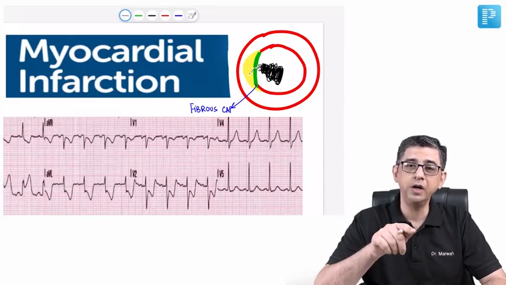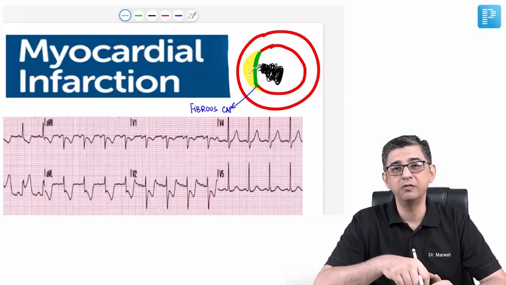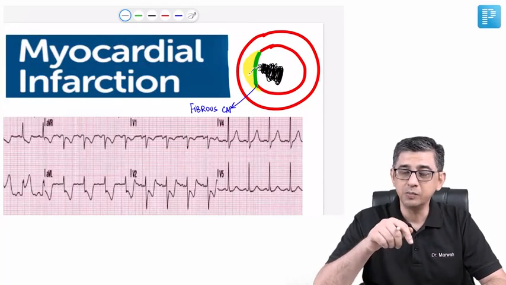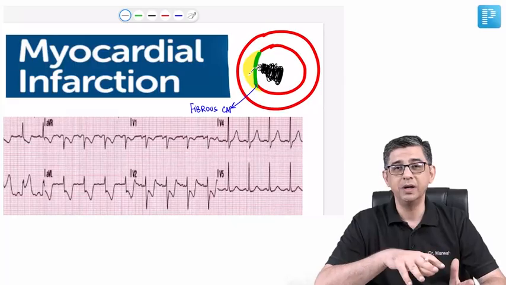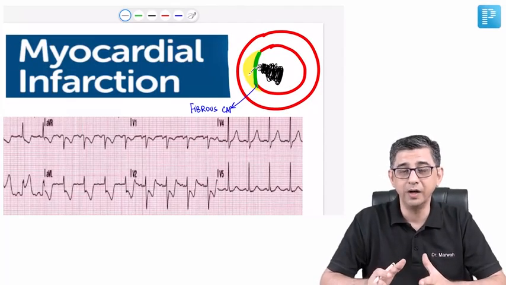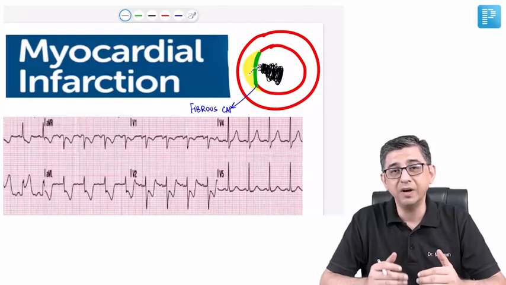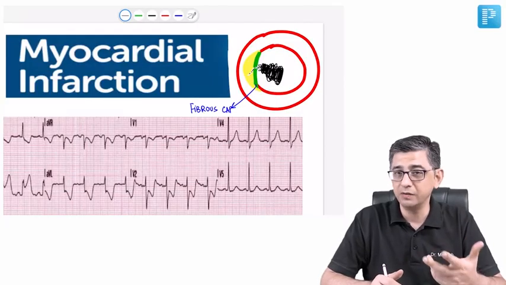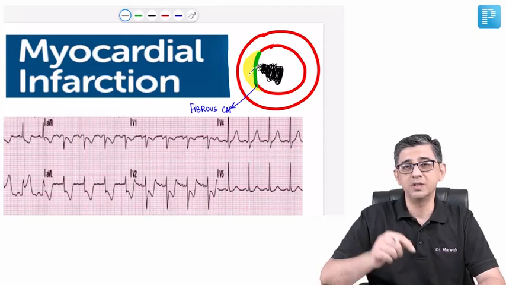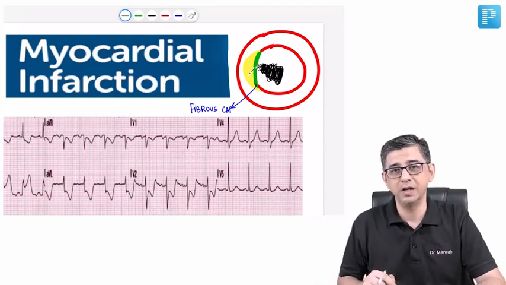On the contrary, when you read about non-ST elevation myocardial infarction, the clot happens to be platelet rich. Because it is platelet rich, therefore we shall be using mainly antiplatelet drugs, antithrombotic drugs, but we'll not use thrombolytics. Thrombolytics are not effective with respect to non-ST elevation MI. In fact, in routine video lectures, I always say thrombolysis is contraindicated in non-ST elevation MI.